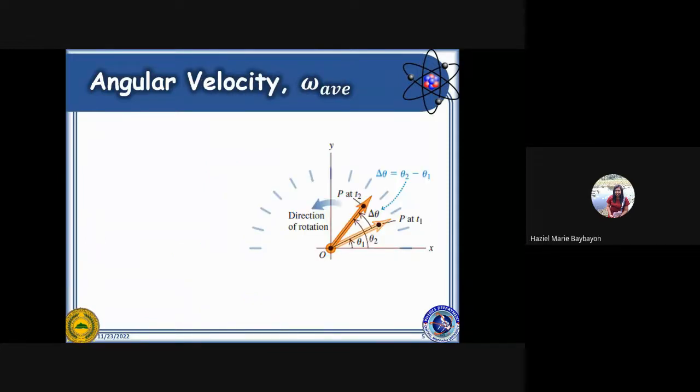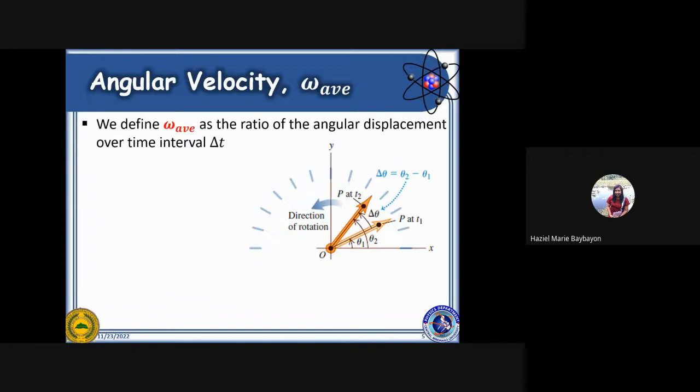Now, we define the angular velocity as the ratio of the angular displacement over the time interval. So as you can see, as your rigid body moves about its fixed axis, mag-change ang value sa theta, no? So mag-change ang value sa theta per unit time.